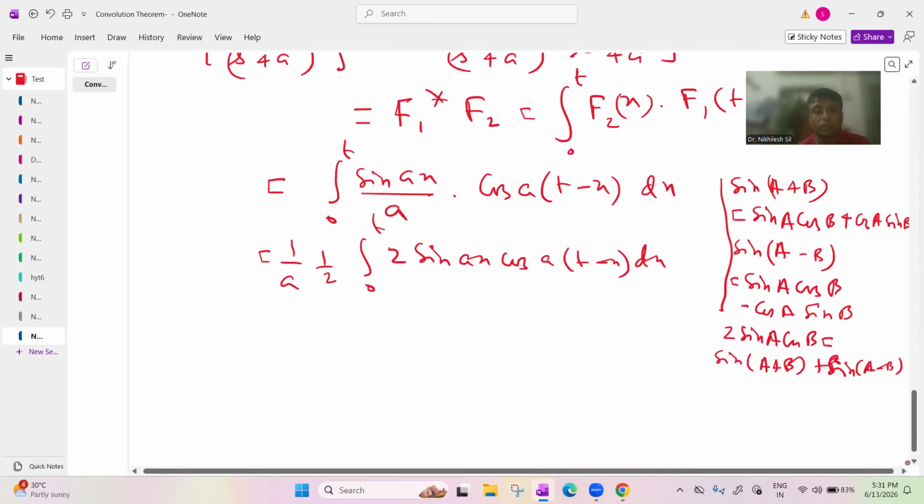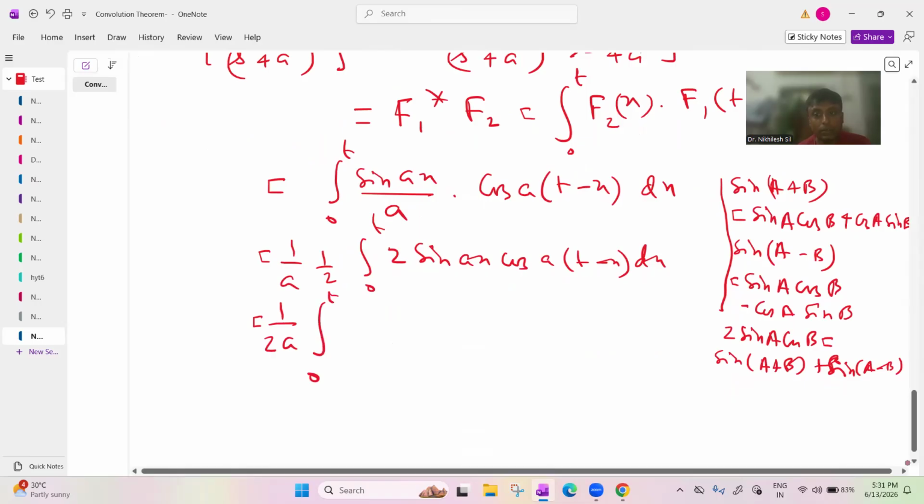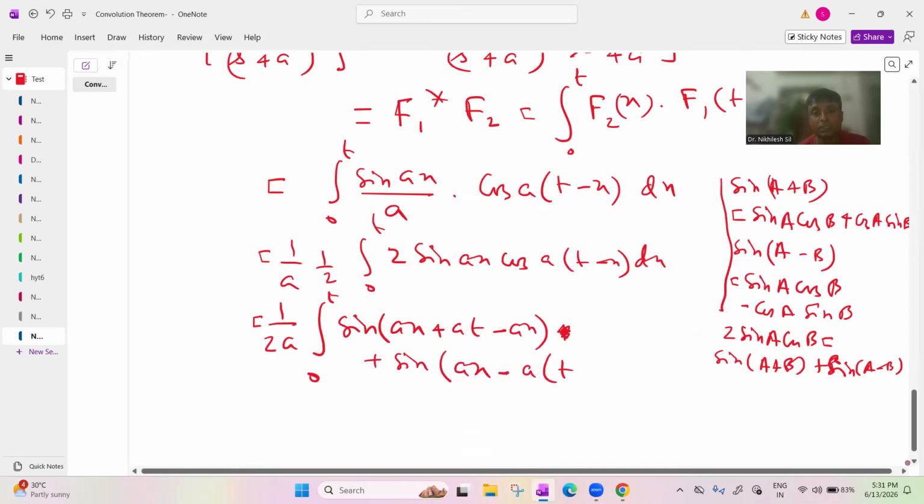So 2 sin A cos B means this is equal to 1 by 2a integration 0 to t sin(A plus B), so plus at minus ax, plus sin(A minus B), ax minus a into (t minus x) dx.